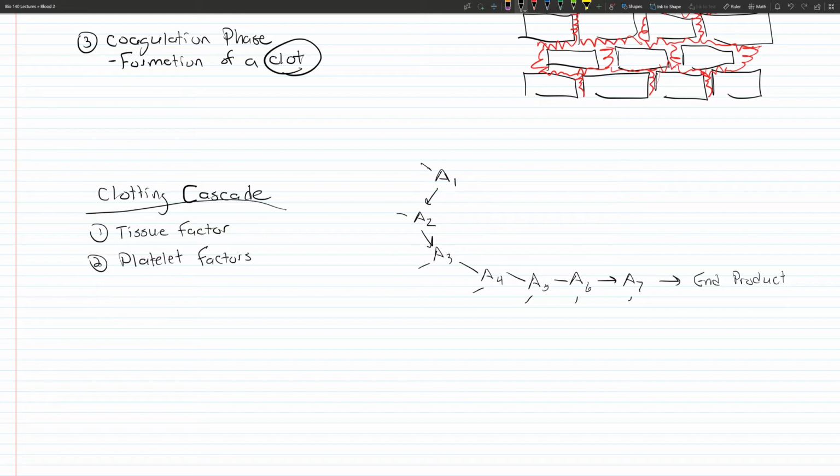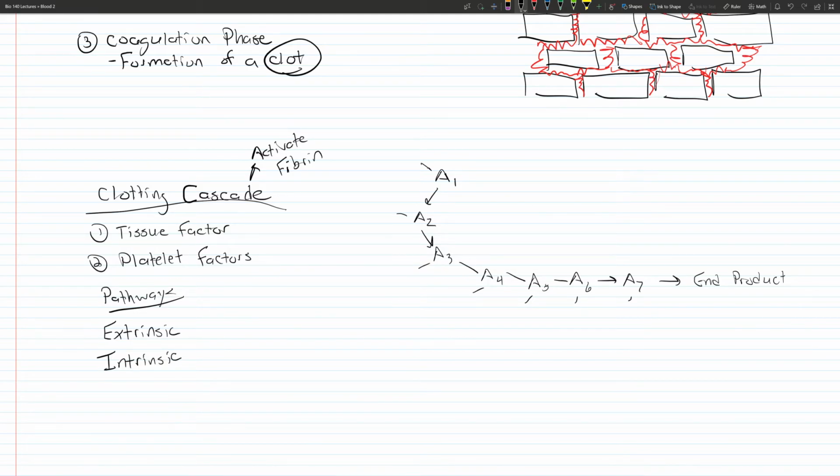What we want to do is activate fibrin. That's our goal. There are 3 pathways that the clotting cascade can have. You have the one that's called the extrinsic, and the one that's called the intrinsic pathway.